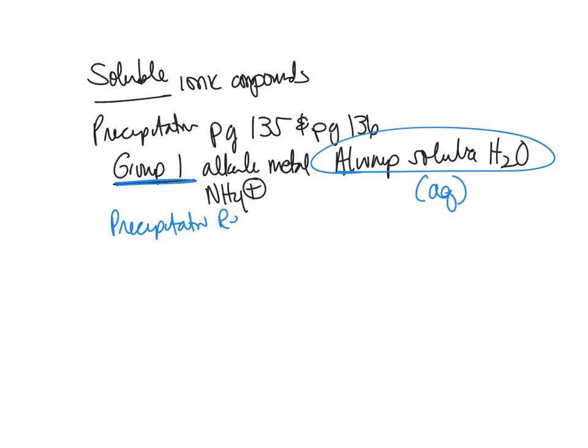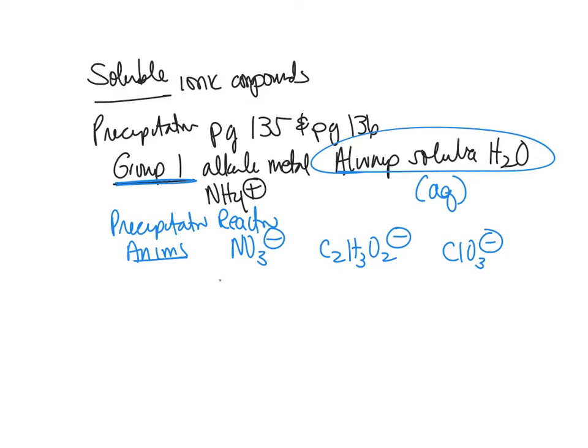Because I need you to be able to write precipitation reactions and predict which compounds are soluble, aqueous, and which ones are insoluble. So the anions that you need to know: you have the polyatomic anion nitrate, you have acetate, and you have chlorate. And there's no exceptions. So anytime you see these, there's no exceptions.